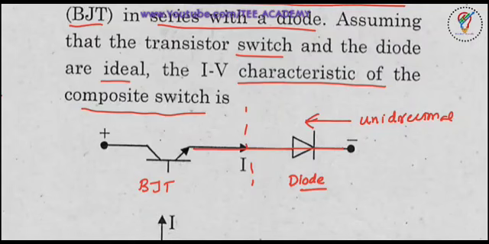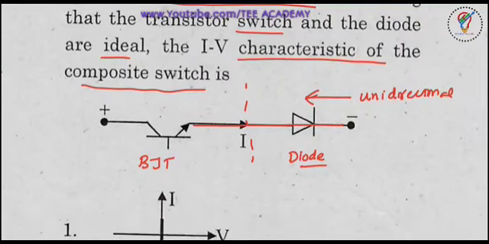And for a BJT, generally we have a voltage VBE of 0.7 volts, but the switches here are ideal. That means even with 0 volts between the emitter and base, instead of 0.7 volts in the non-ideal case, it starts conducting.